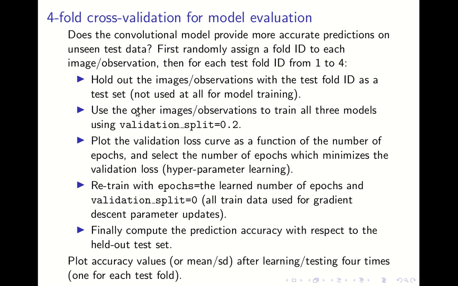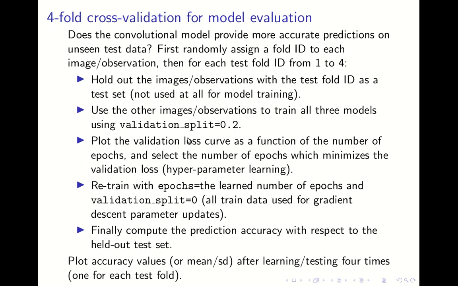Then we use all of the other images to train the models using validation split equals 0.2. These other images are called the train set, and the train set is split further into subtrain and validation set using this validation split argument to the fit function.